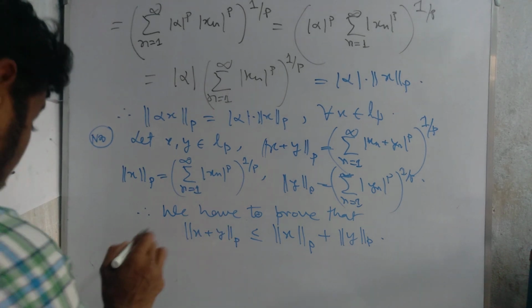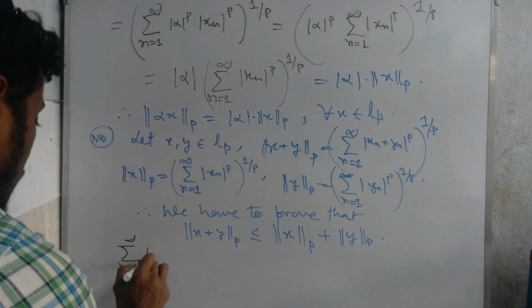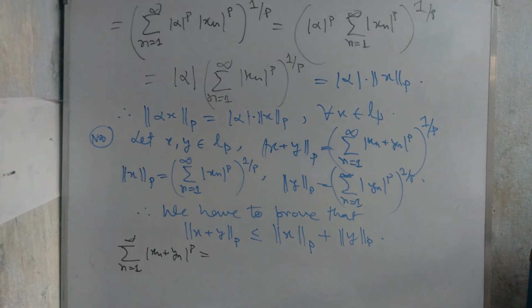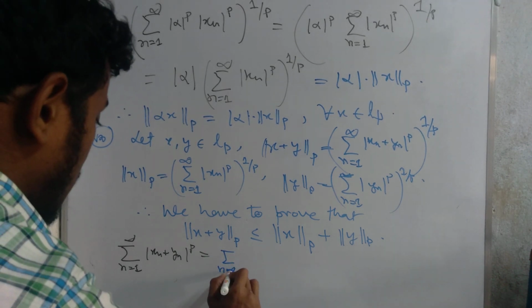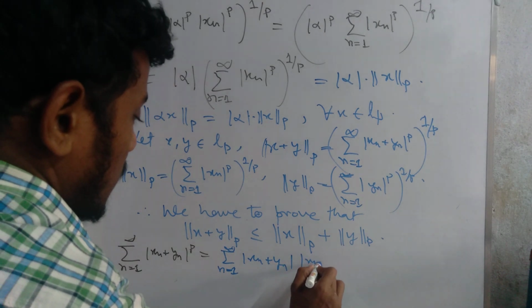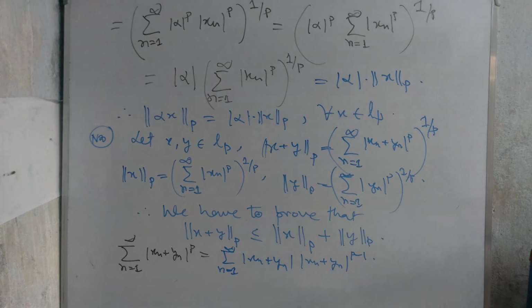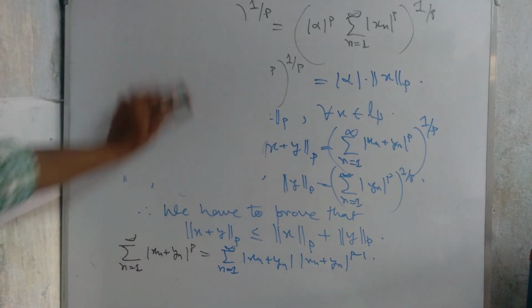Then we do it in this way. The sum over n equal to 1 to infinity of |xn plus yn| to the power p equals the sum over n equal to 1 to infinity of |xn plus yn| times |xn plus yn| to the power p minus 1. Then we go to further discussion.